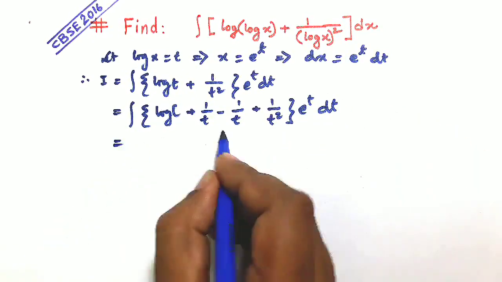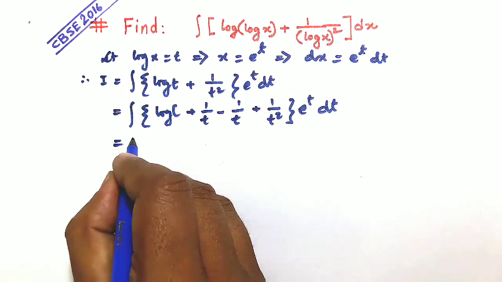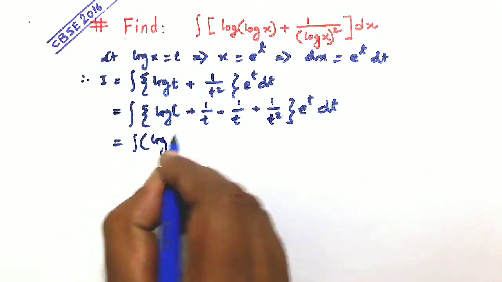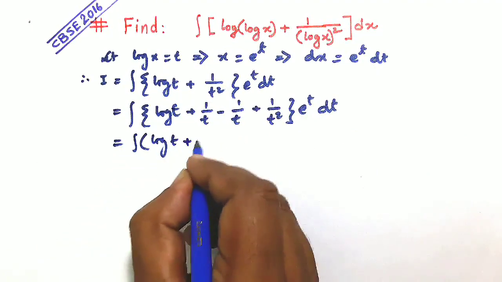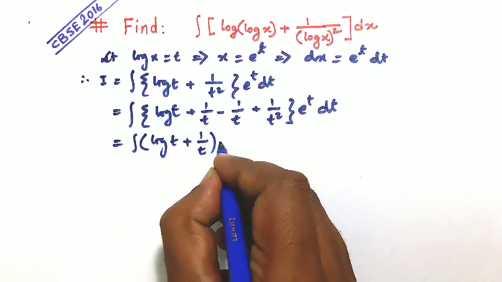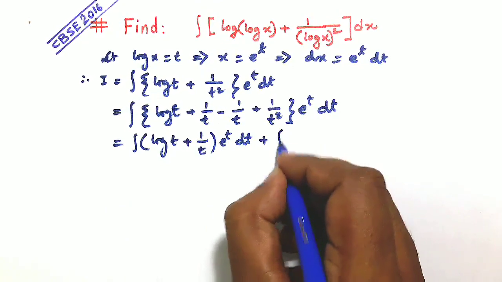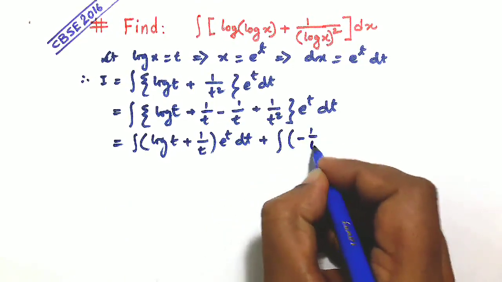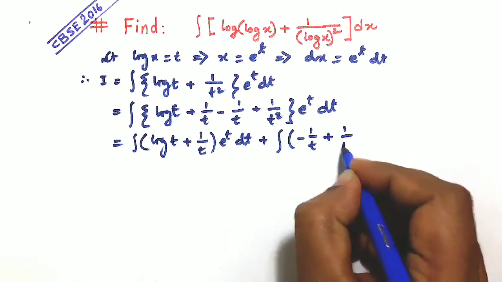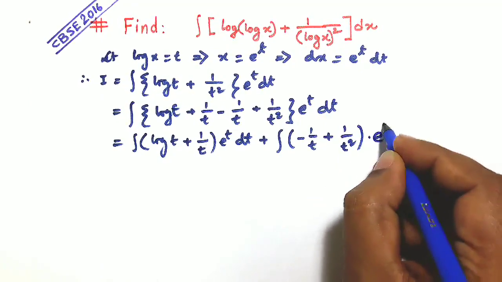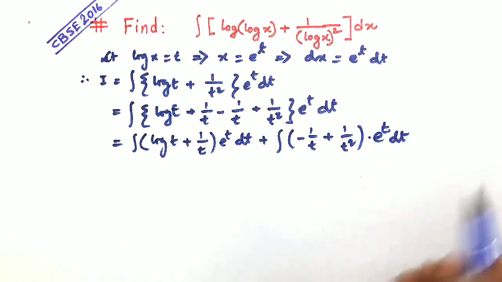So friends, we now split it in two parts: integration of [log t plus 1 upon t] e to the power t dt, plus integration of [minus 1 upon t plus 1 by t square] into e to the power t dt.